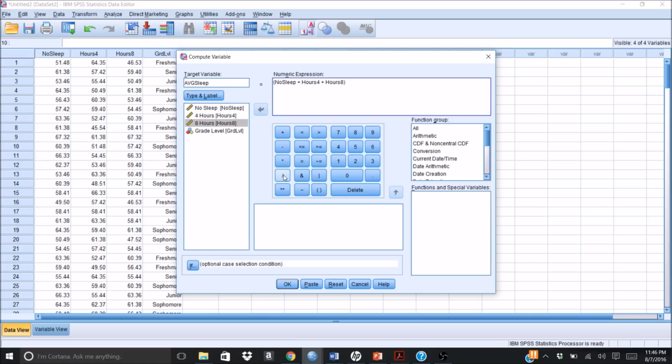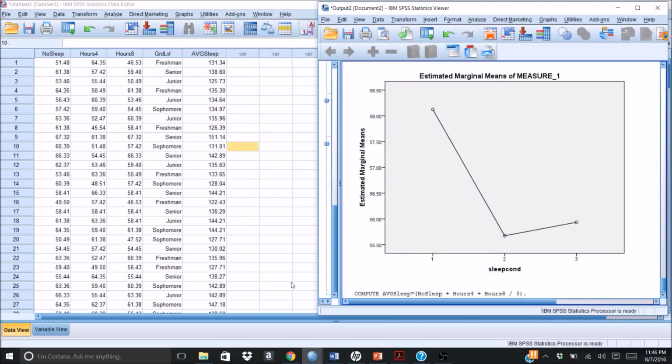And a lot of people right here make a mistake because they hit the divide and they hit the 3 and then they hit OK. And if you look at this formula, if you guys remember back in, I don't even remember, 5th, 6th, 7th grade, we learned orders of operations. So if you keep it like this, you're going to end up with data that's like this.